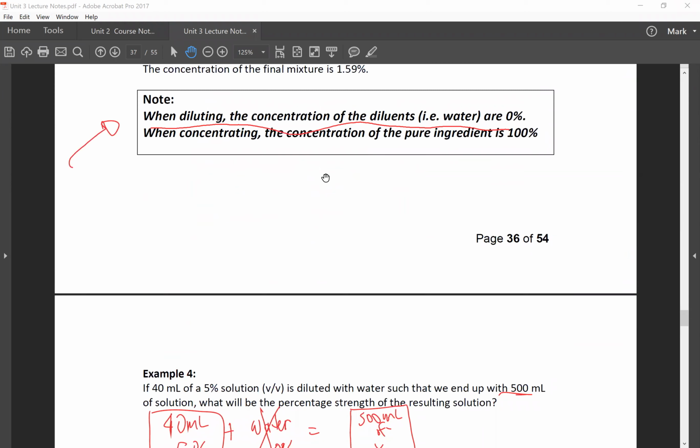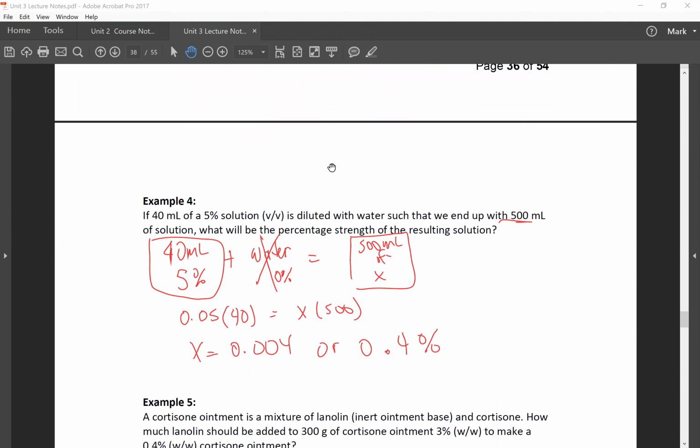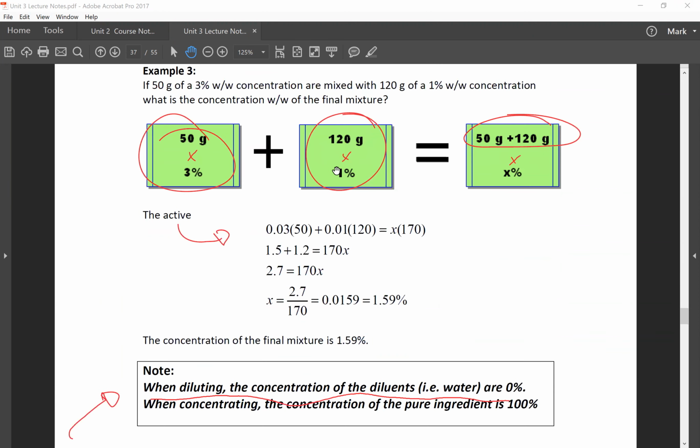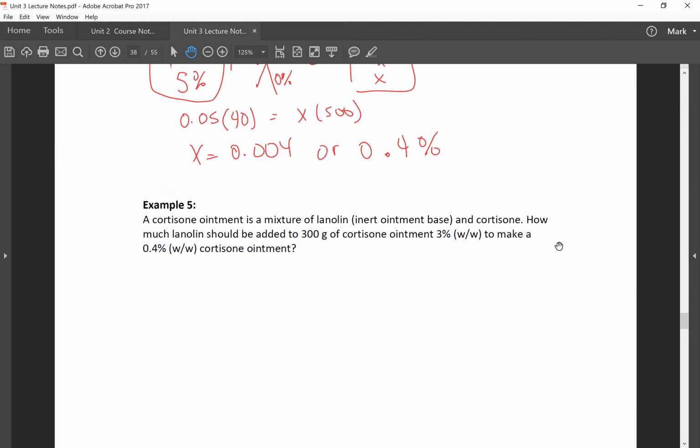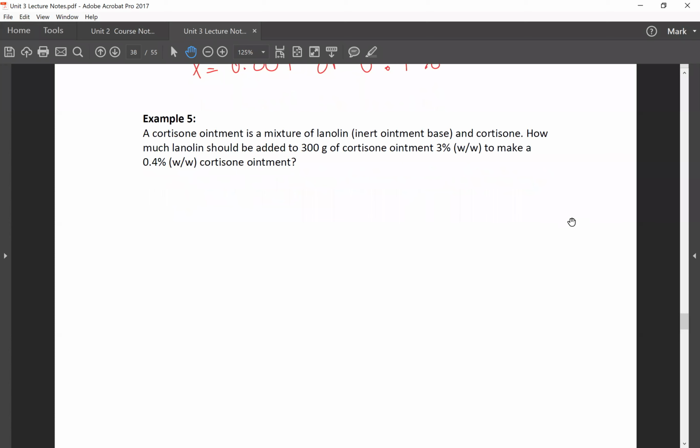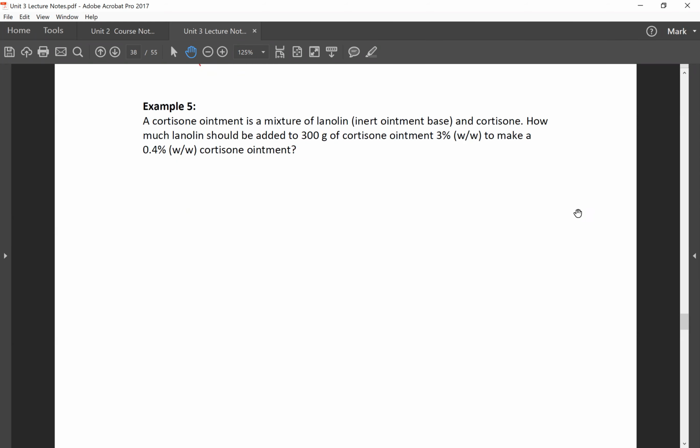Again, the formula says we're going to take the first mixture, add it to the second mixture, and it will equal the final amount. So, a cortisone ointment, lanolin is added to. So lanolin, we're trying to figure out how much. I'll do my 3 boxes here.